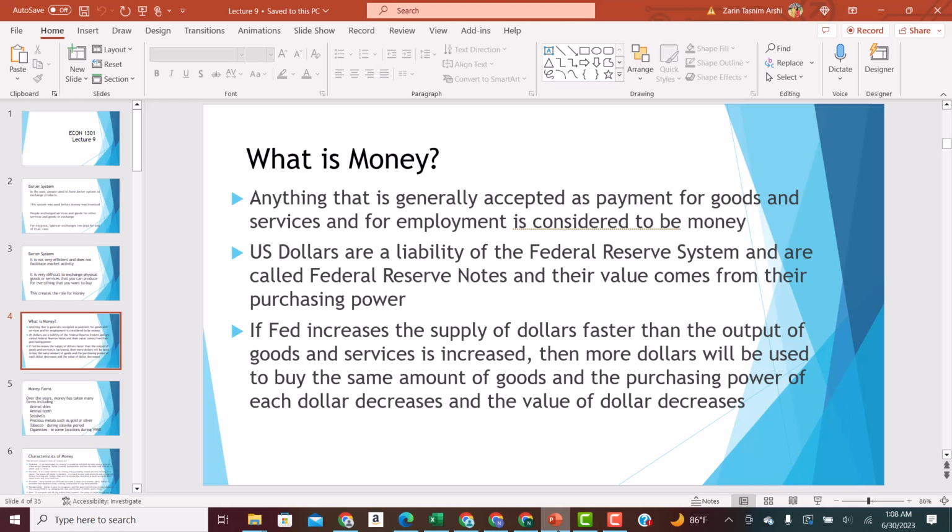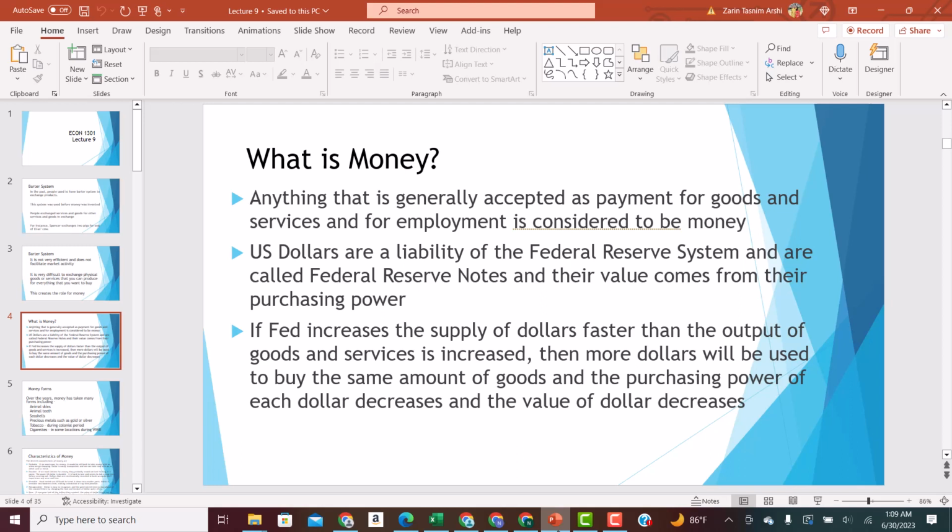So anyone who is willing to accept payment in return for goods and services counts. Let's say I want to buy milk and I pay something for that, and the person selling the milk accepts it, that can be defined as money. And money is also accepted as employment. If I am working at a company and they pay me something that I accept as my income, then that is considered to be money.